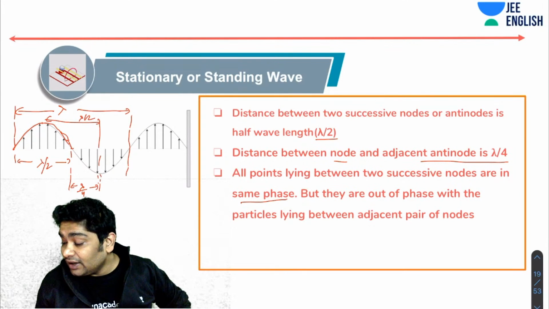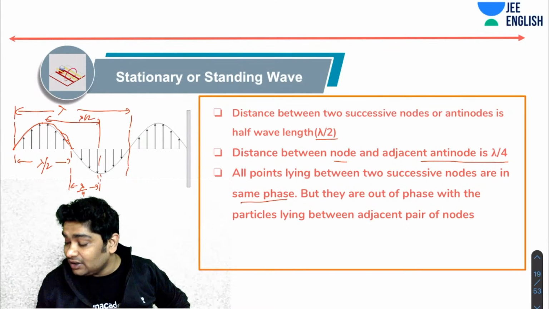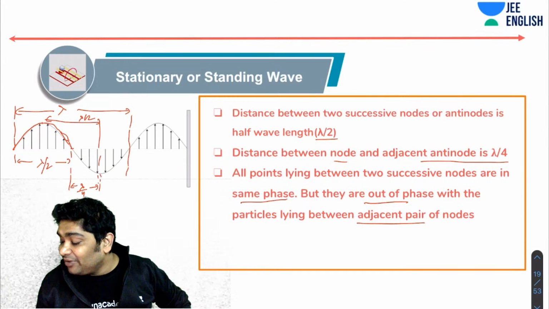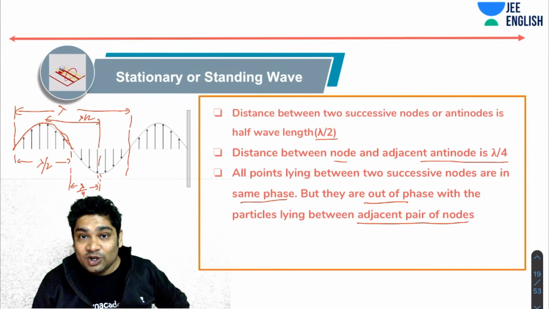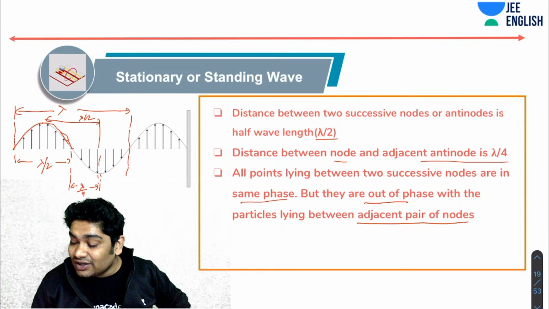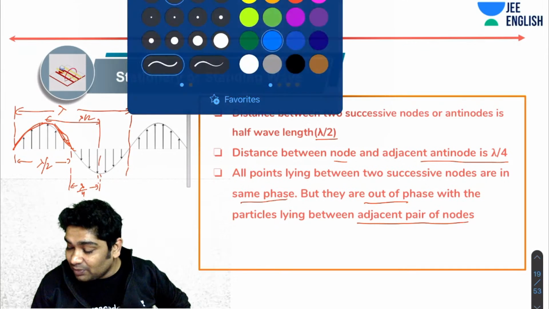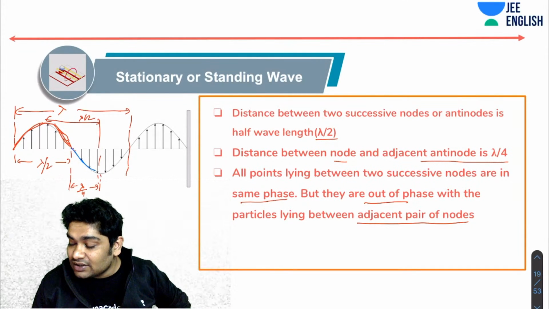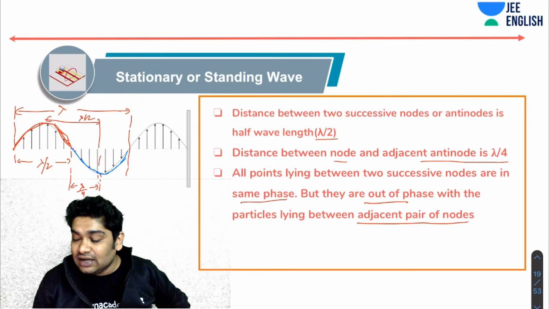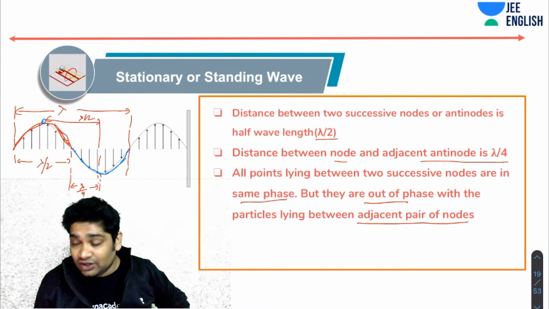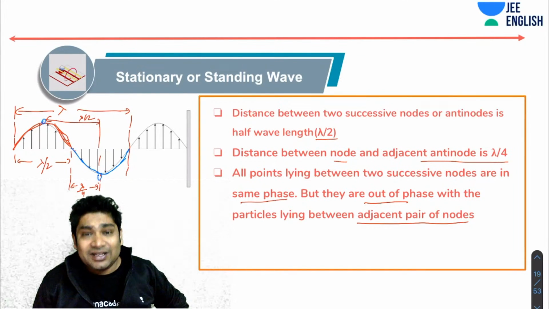Also, they are all out of phase with the particles lying between the adjacent pair of nodes. These particles will oscillate in one phase, and the phase difference between the oscillations of these particles and those would be pi. Once these particles reach one extreme, those reach the other extreme, and so forth.